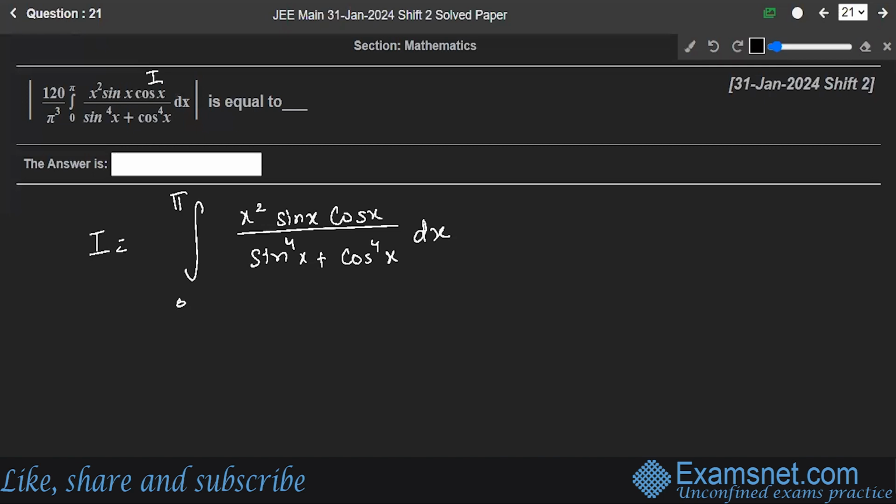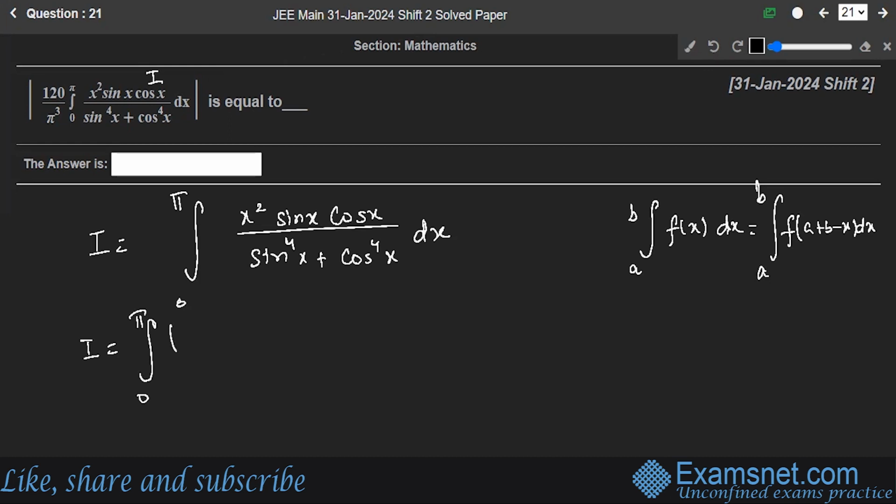King's rule. You hope you know, limit a to b f(x) dx can be written as limit a to b integral of f(a plus b minus x) dx. So if this is equal to I, I will say it as 0 to pi x square.